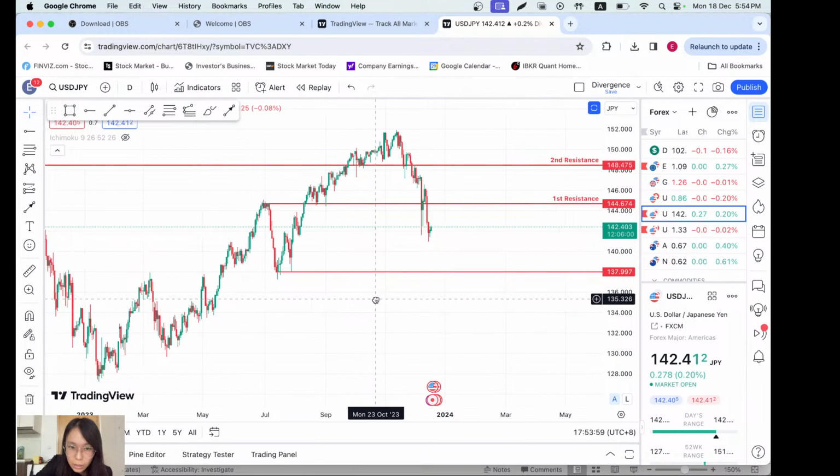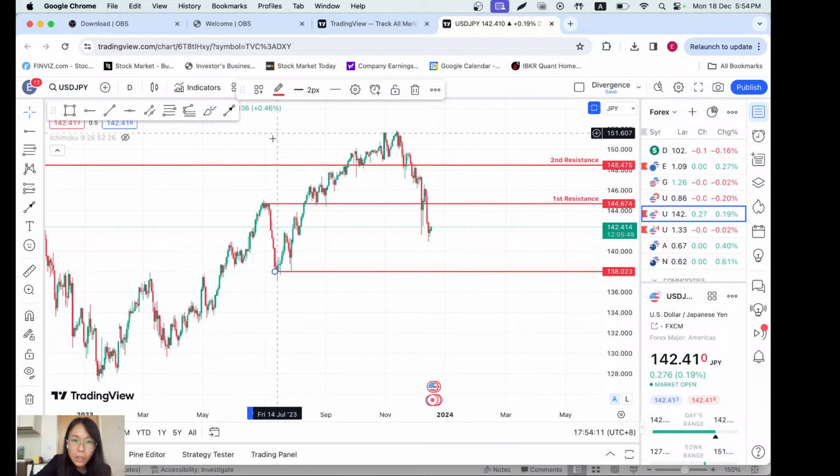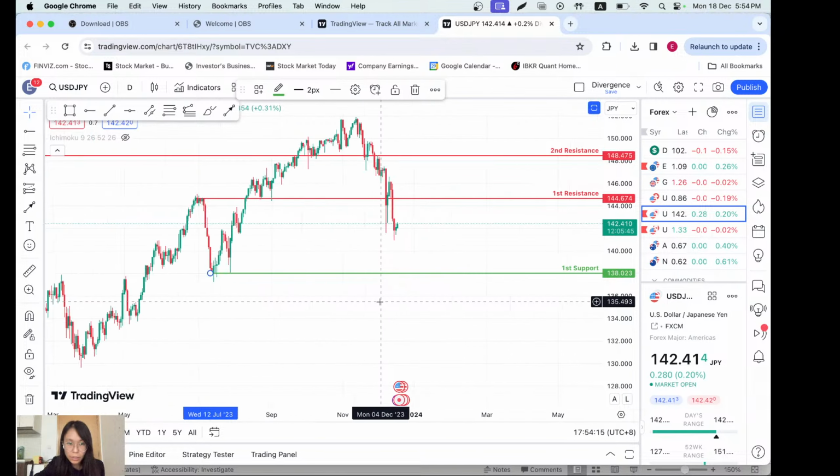For support, it's either here or here. I'm going to use this as my first support, as it's a more significant level.